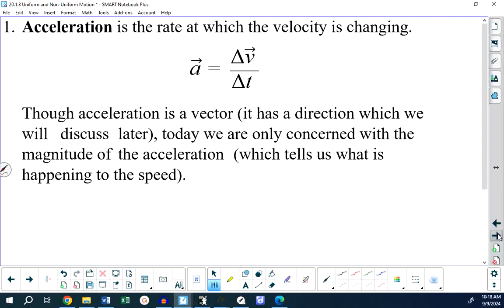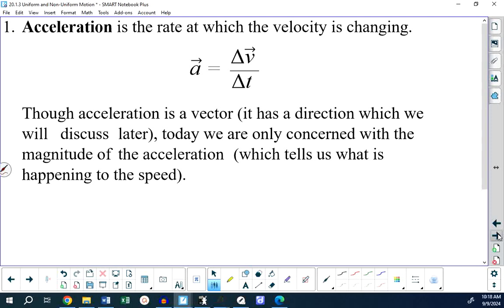Now, the vector nature of things is absolutely critical in physics, but not today. Okay? That's what I'm telling you here. I'm telling you that today we're only concerned with the magnitude of the acceleration. We're not really going to be getting into the direction of acceleration today. That's a bigger fish to fry at a later point in time.